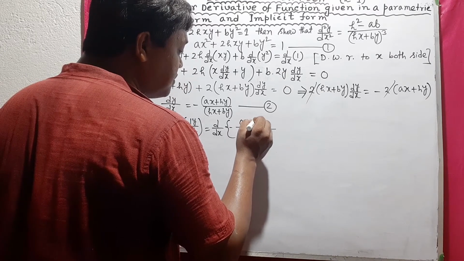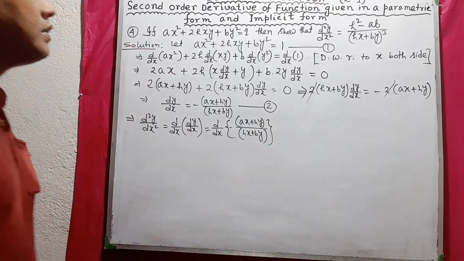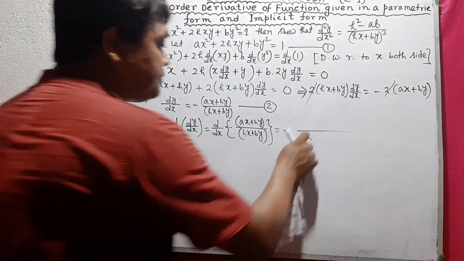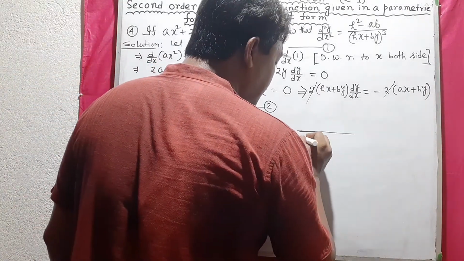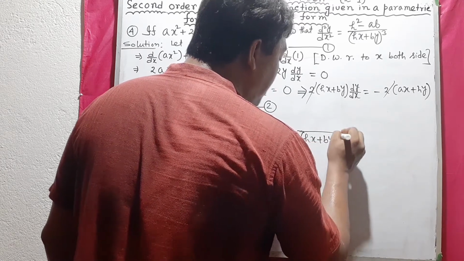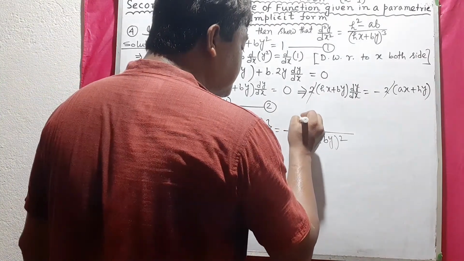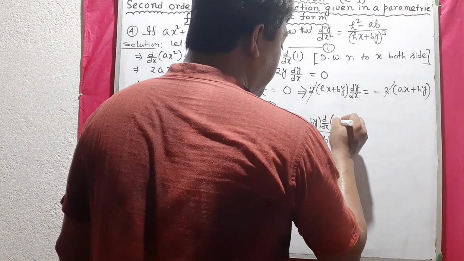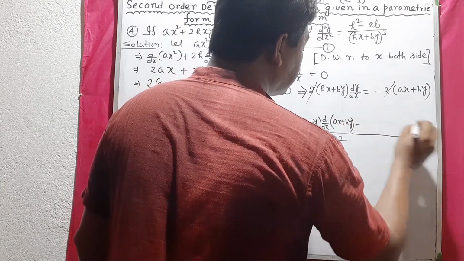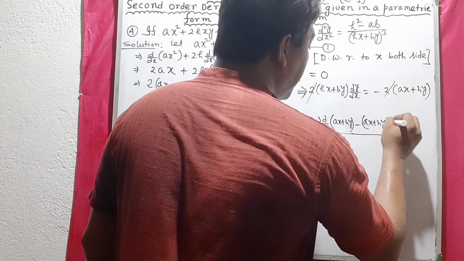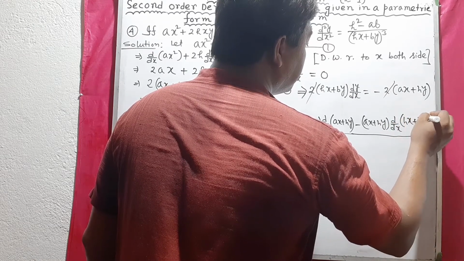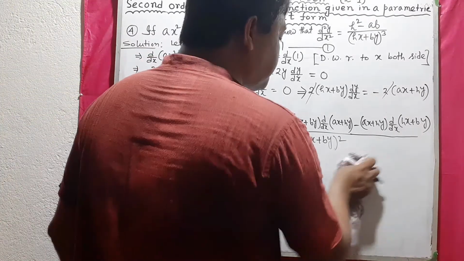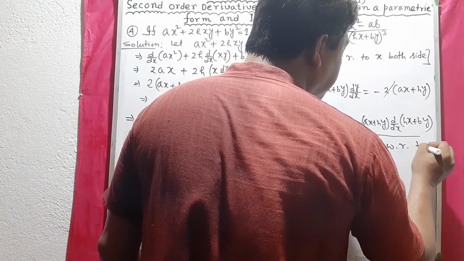Taking the negative sign outside the differentiation, we apply the u by v rule, so that gives hx plus by whole square, v square, v into du/dx minus u into dv/dx. Just step by step.